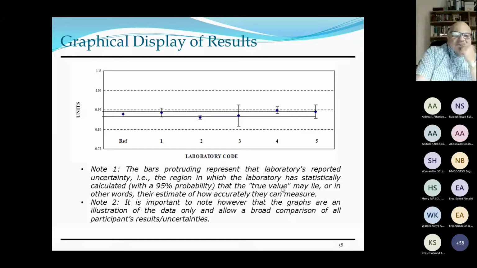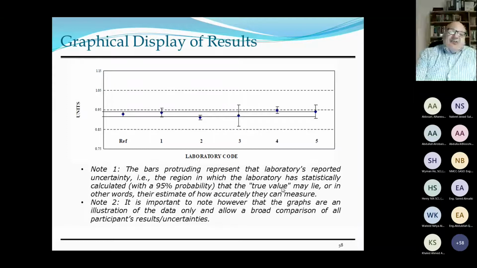Okay. And this is what typically the results might look like. So we have here the results from the reference lab. We have the results from the participants. The error bars are typically the uncertainty at a 95% level of confidence.